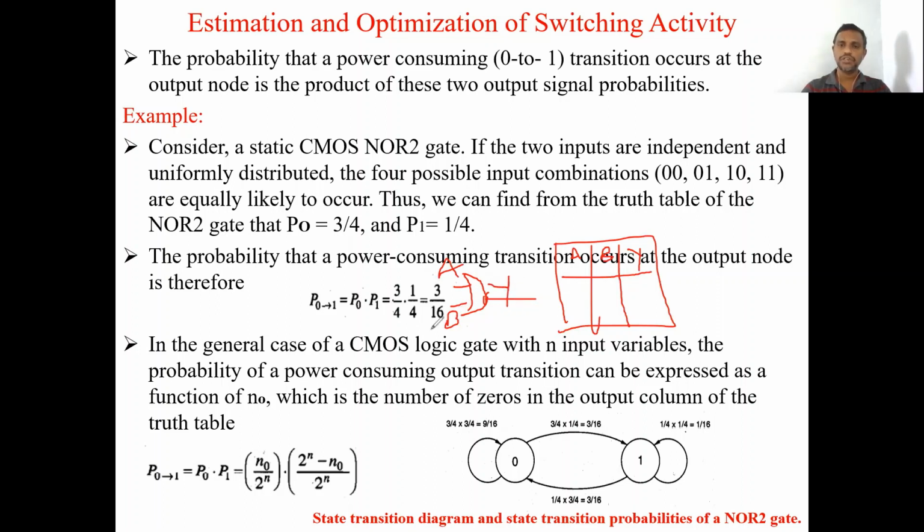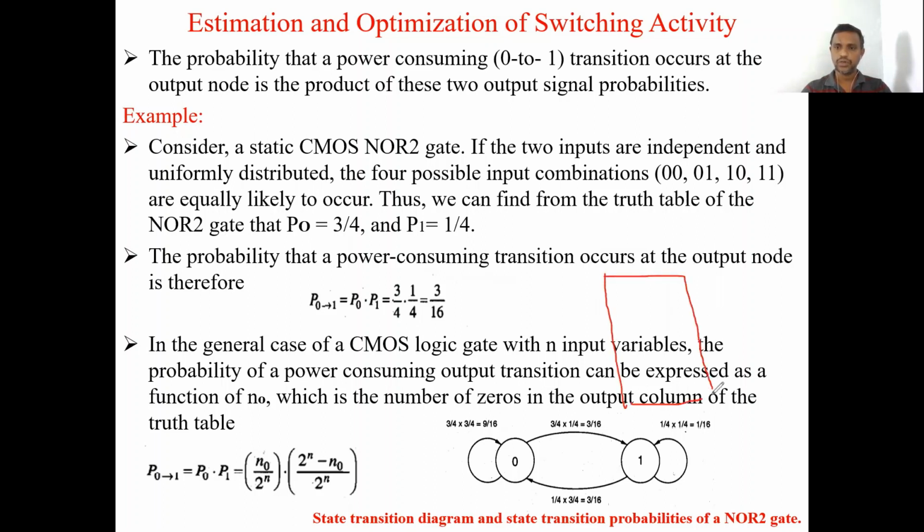If it is two inputs, we will get four combinations: 0 0, 0 1, 1 0. I will draw the table for the NOR gate here. I will consider the two inputs, A and B, and Y is the output. That's what I am indicating in terms of the symbol.